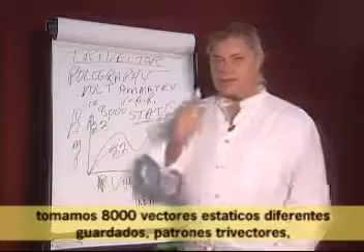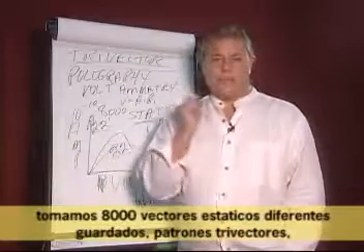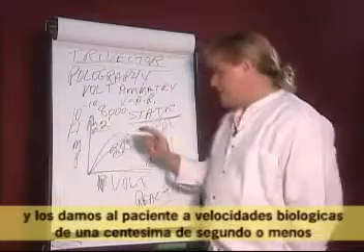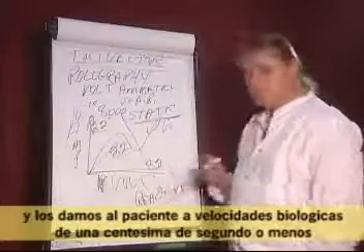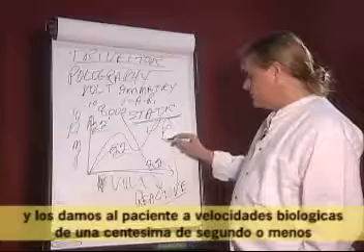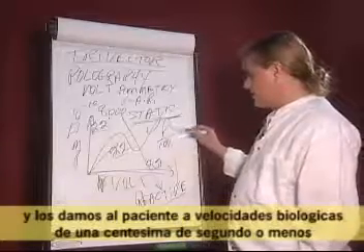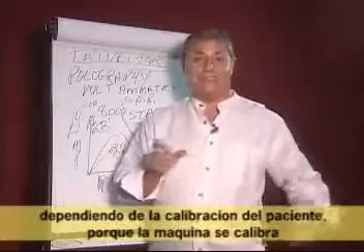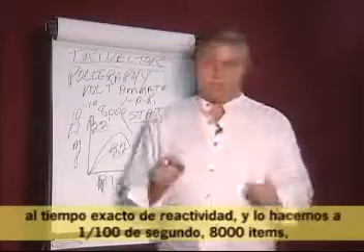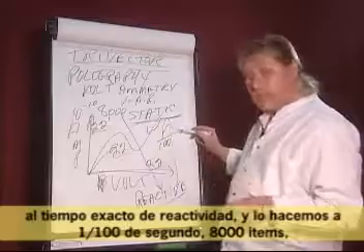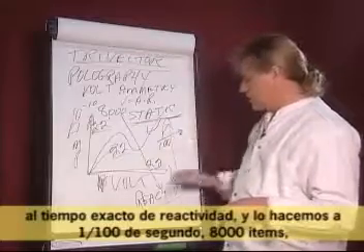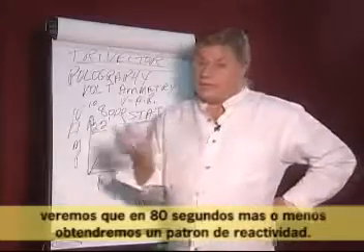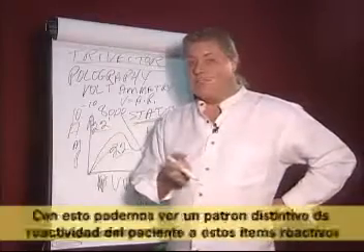We take 8,000 different stored static vectors, trivector patterns, and we give them to the patient at biological rates of 1/100th of a second or less, depending on the calibration of the patient, because the machine's calibrated to the perfect reactivity time. And if we do that, 1/100th of a second, 8,000 items, in about 80 seconds or so, we can get a pattern of reactivity.